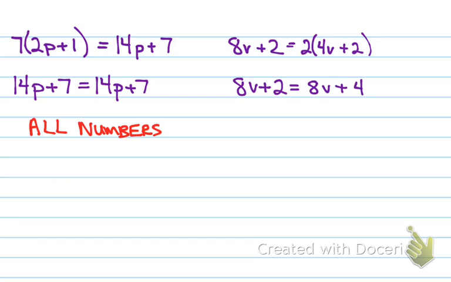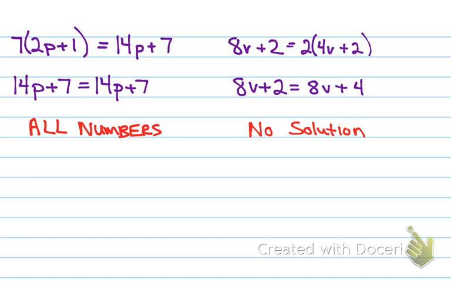Because they're identical expressions. In the second problem, they are not identical expressions because when my 8v's cancel, 2 does not equal 4. So because of that, I would say that there is no solution to the second problem.